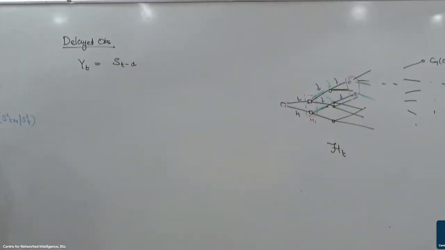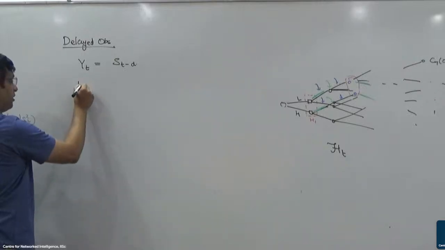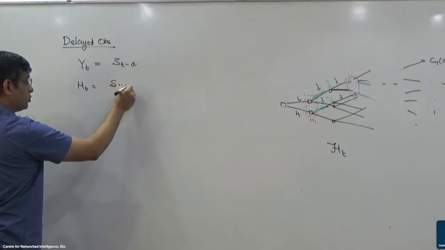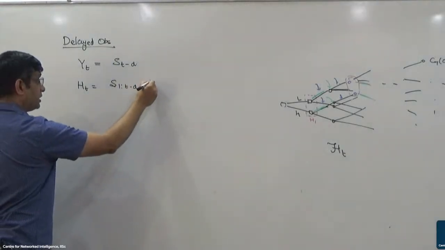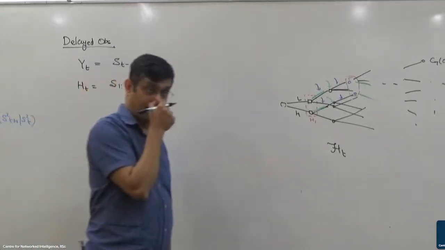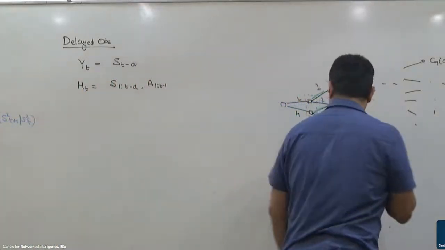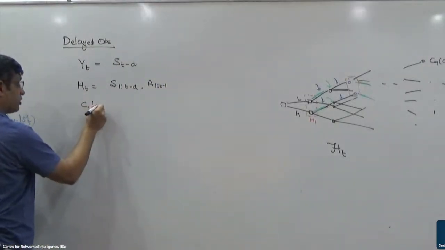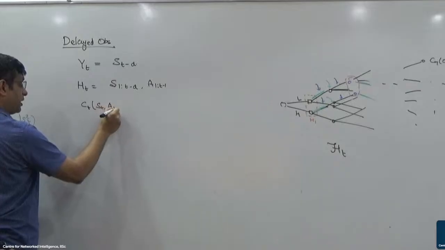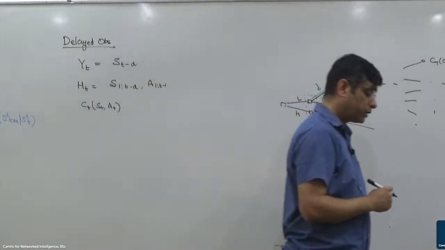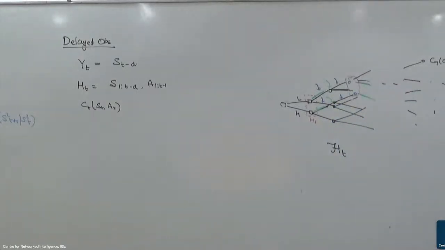So the history available at time t is the states from time 1 to t minus d and the actions from time 1 to t minus 1. And this is an MDP, so my per step cost is some function of S t and A t. What is the information state of this model?